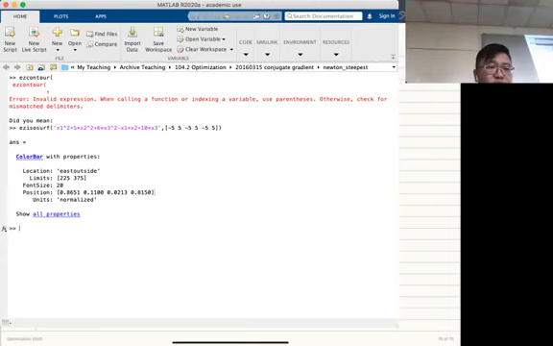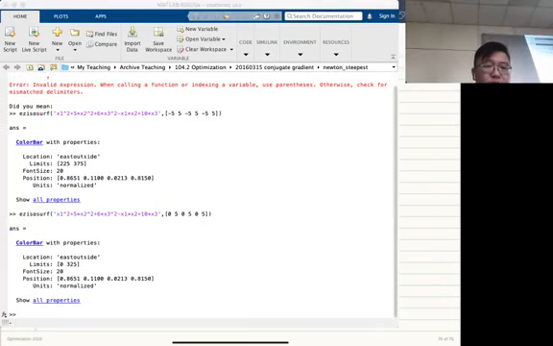It's very nonlinear, so maybe I try different regions from zero. Let's see how it looks. Okay, so the objective function looks like this. Should be okay.